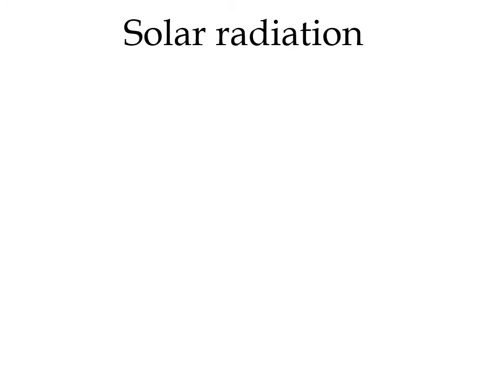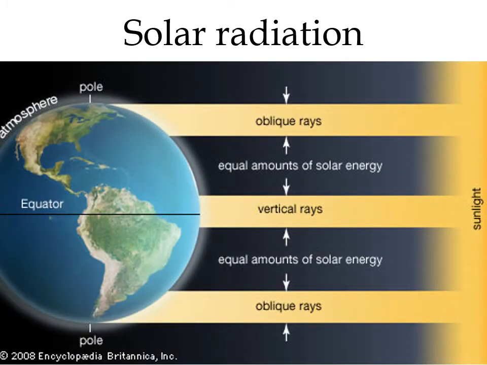This is due to the solar radiation, so the amount of energy we receive from the sun. Remember that in the equator, the sun hits the earth vertically, so the rays hit the earth in a vertical way, which allows them to give much more energy to this center. So this area will be hotter, while this area receives the solar rays more indirectly.